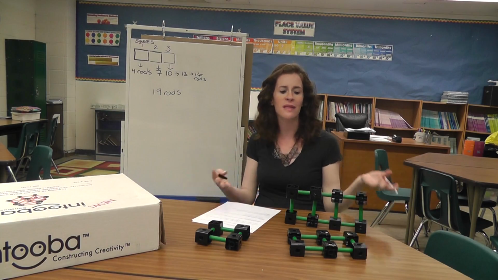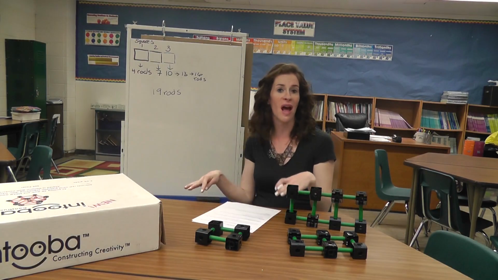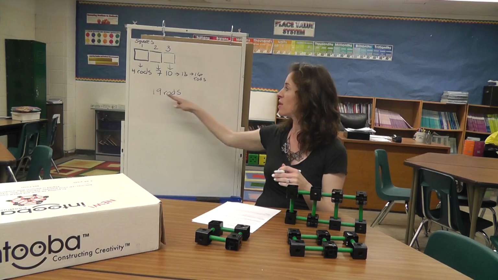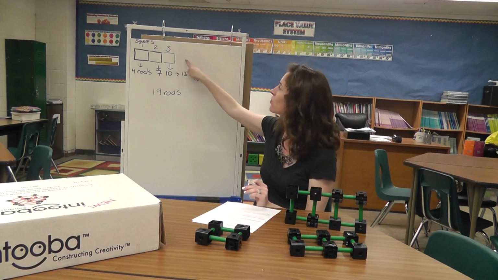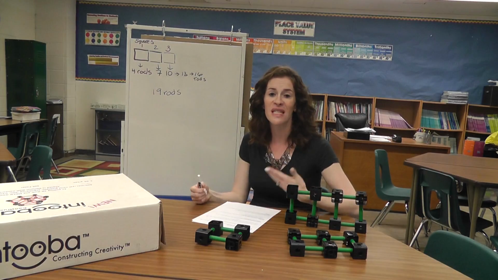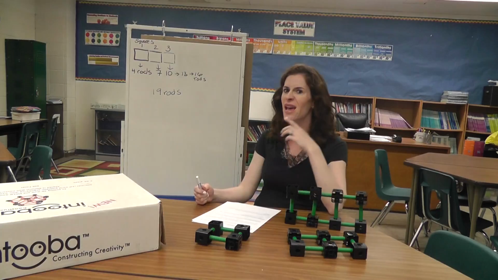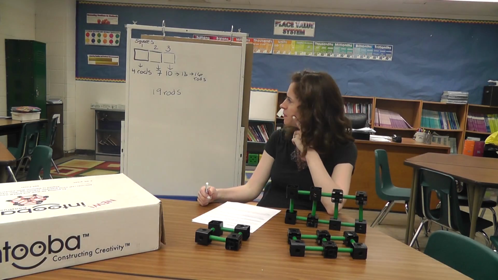So at this point, I've seen 2 different strategies. I've seen children sketch it out and sketch out the 19 rods and continue from what they already have. And then I've seen some deeper thinkers say something like this.